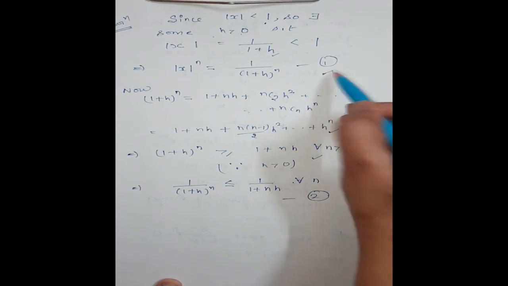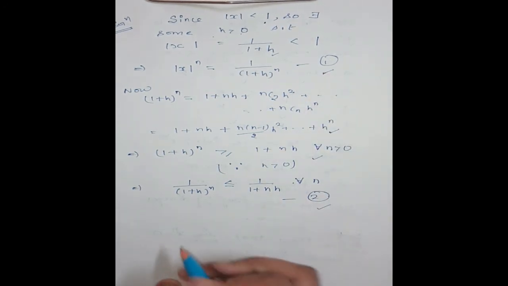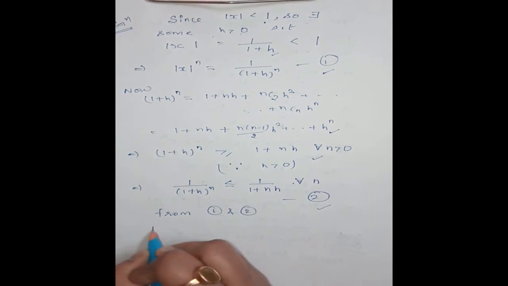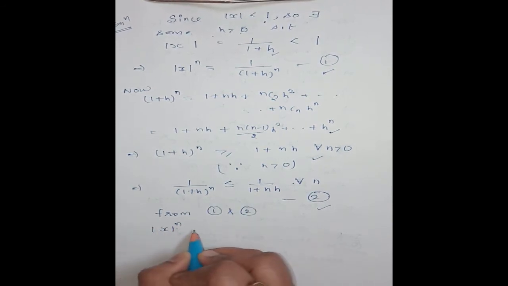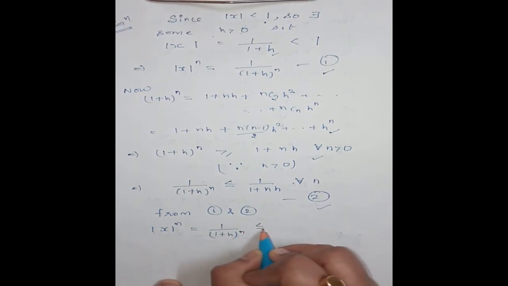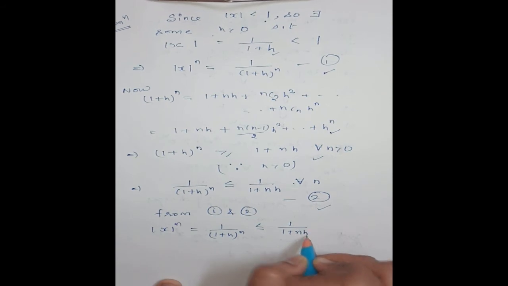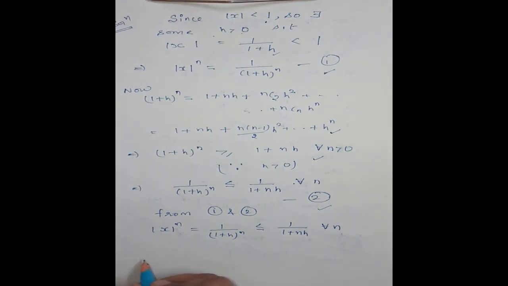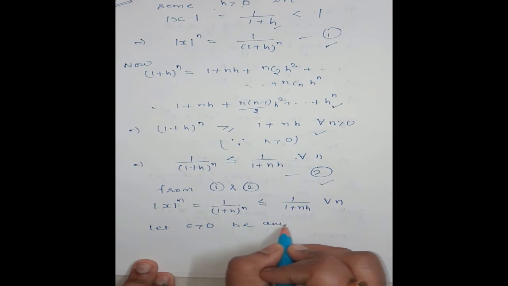Now from 1 and 2 we get mod x power n, which is 1 upon (1 plus h) power n, is less than or equal to 1 by 1 plus nh for all n. Now let epsilon greater than 0 be any real number.